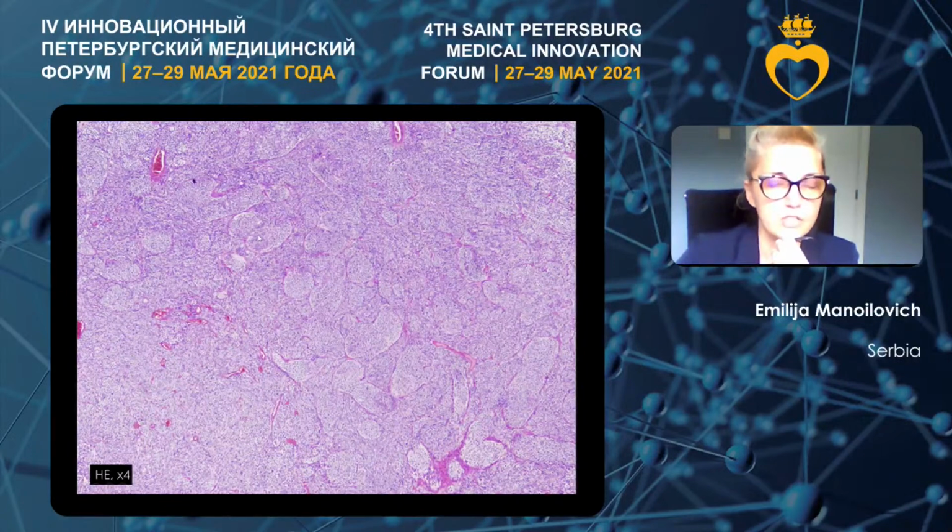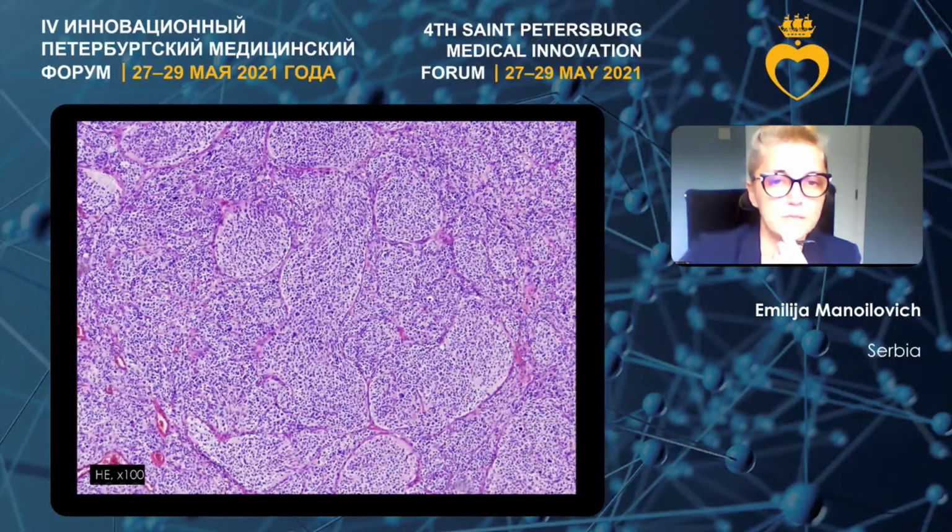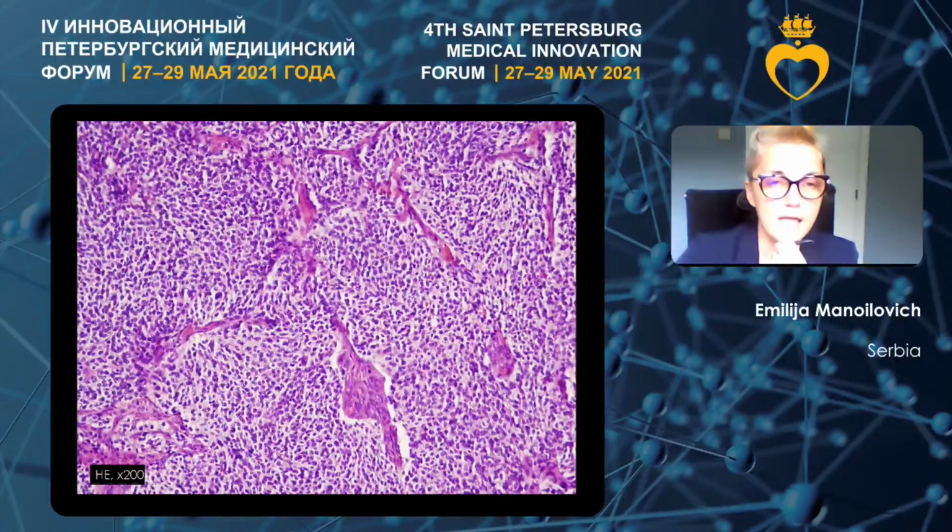The first morphological impression was that the tumor had a lobular growth pattern, and this lobular growth pattern was even more pronounced in higher magnification. There were also areas of diffuse growth pattern, and in those areas we could see microvascular proliferation. We all know that microvascular proliferation is a sign of a high-grade tumor.